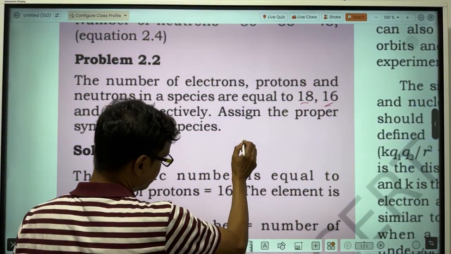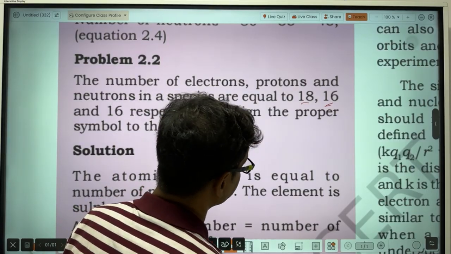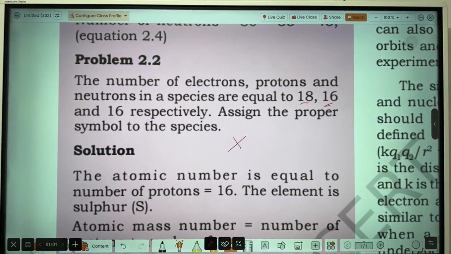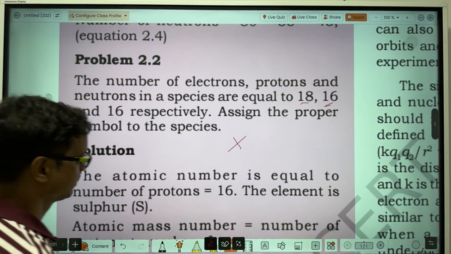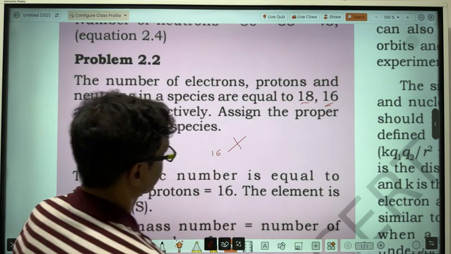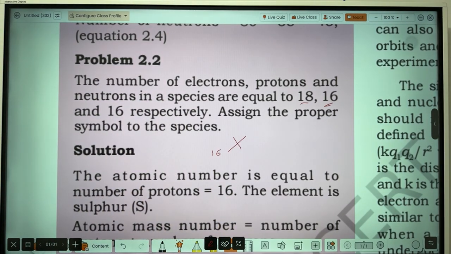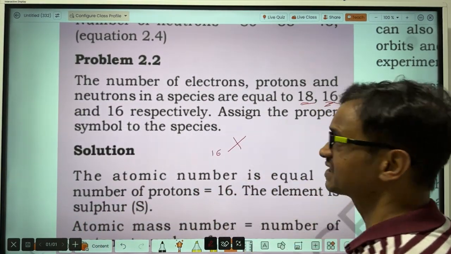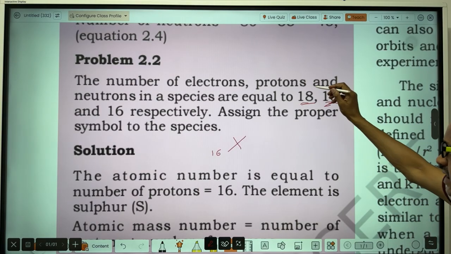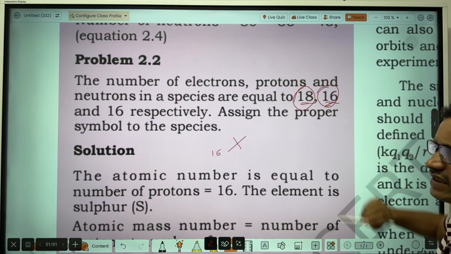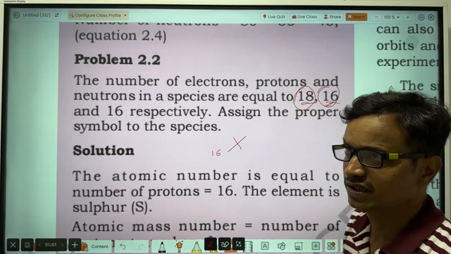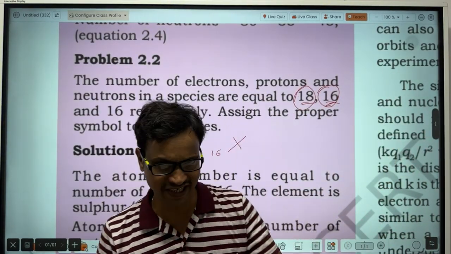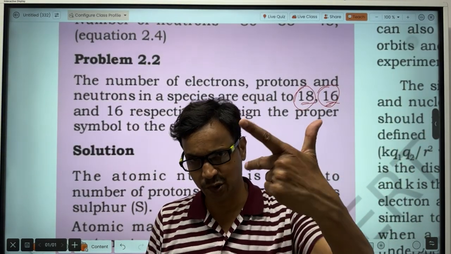Suppose the element is X. The atomic number is equal to the number of protons, and the number of protons here is 16, so we write 16. The number of electrons is 18, which means the number of electrons is 2 more than the number of protons. So the number of electrons is more, which means the negative charge is more, by 2 units.